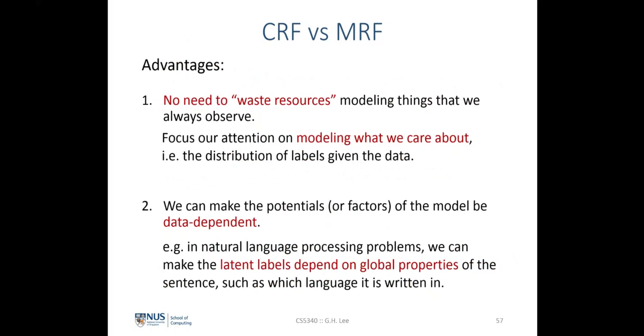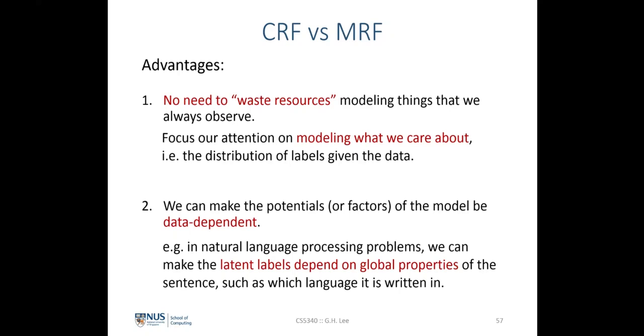So the advantage here is that we do not waste resources in modeling things that we always observe. Since we already observe x, we'll use x in the parameterization of the joint distribution function directly. We do not throw away this information when we do inference.